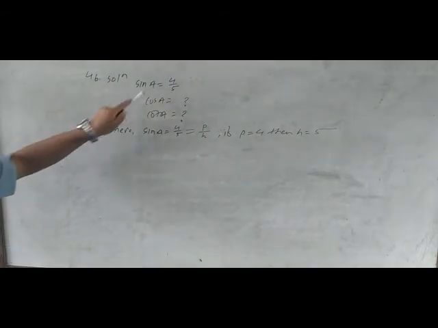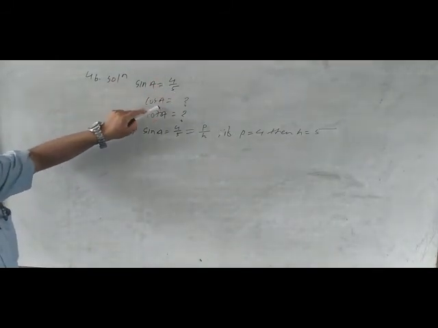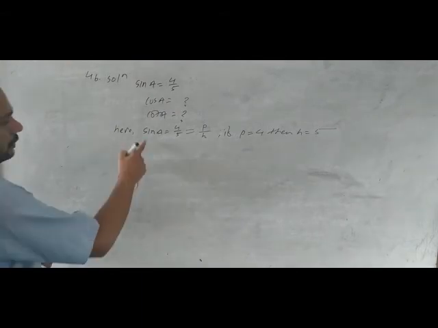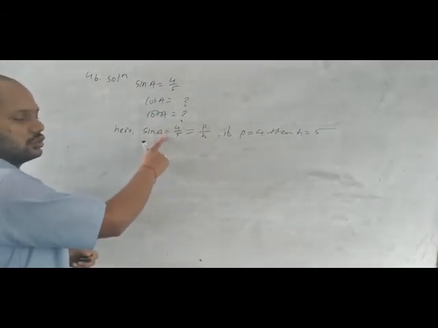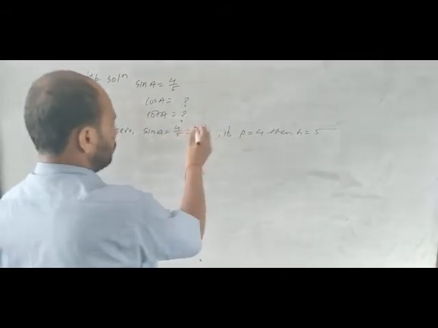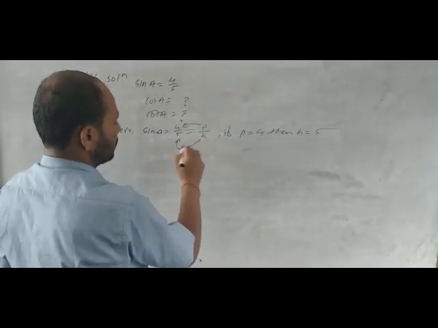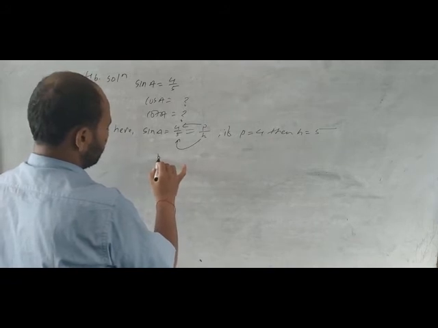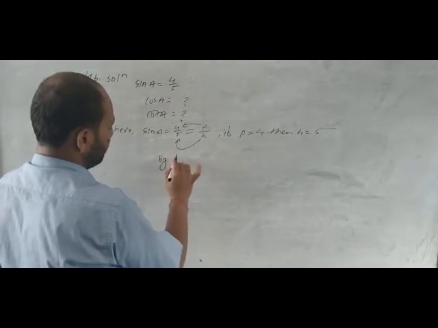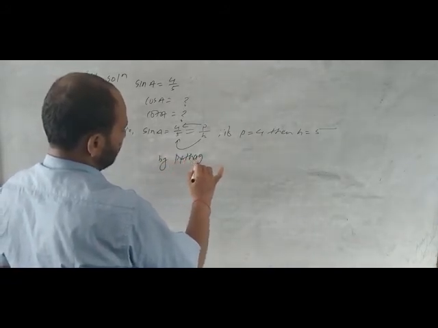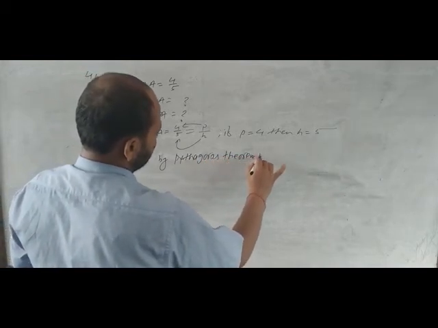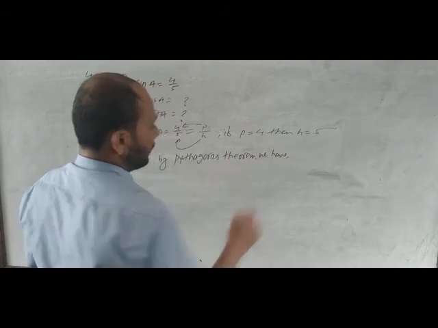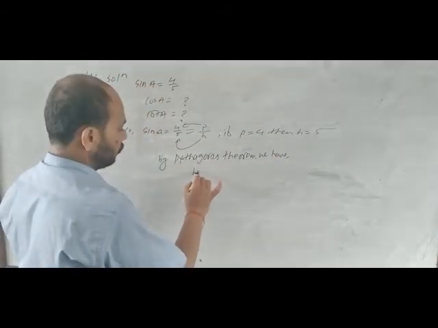Now look here, sin A is equal to 4 by 5 given. Your question says find cos A and cot A. Here we have sin A is equal to 4 by 5. We have also ratio of sin A is equal to P by H. So if P is equal to 4, then H is equal to 5. Now look here, by Pythagoras theorem, what is the formula to find B?